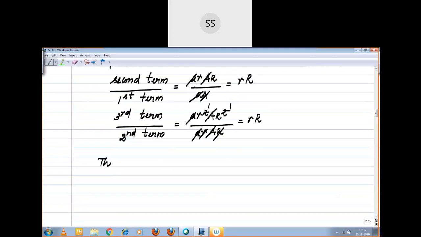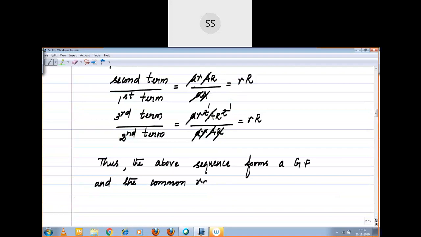Thus the above sequence forms a GP and the common ratio is small r capital R. They said the product of the corresponding terms of the sequence forms a GP.